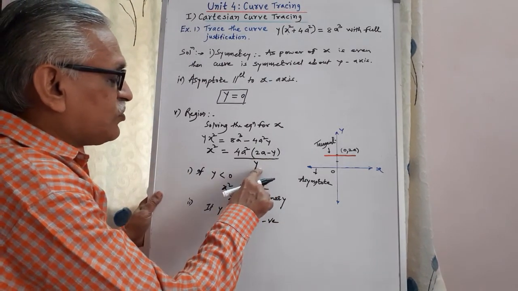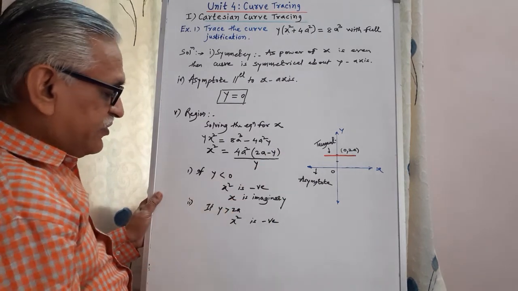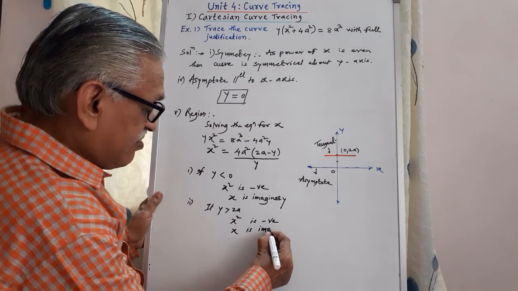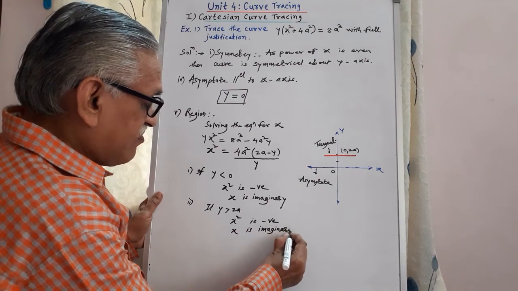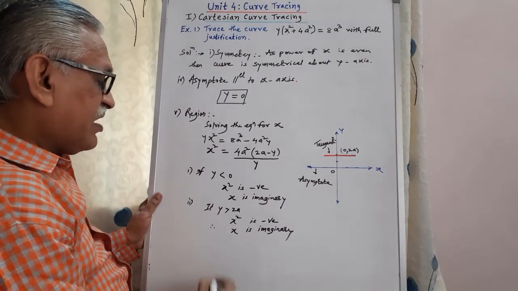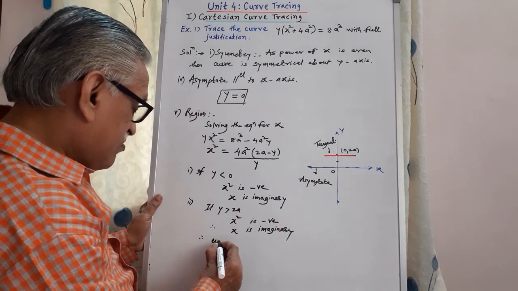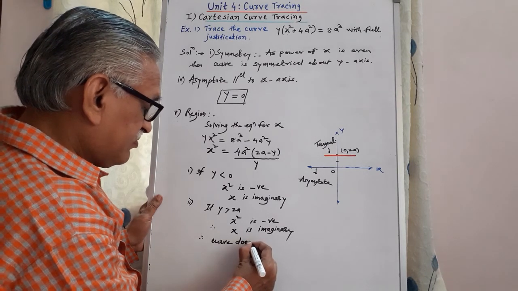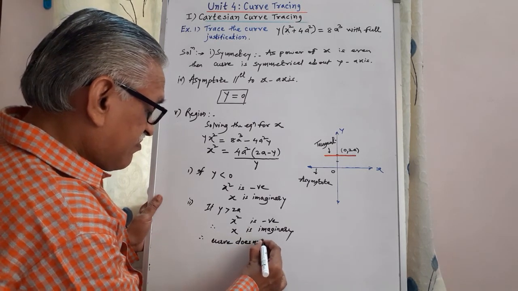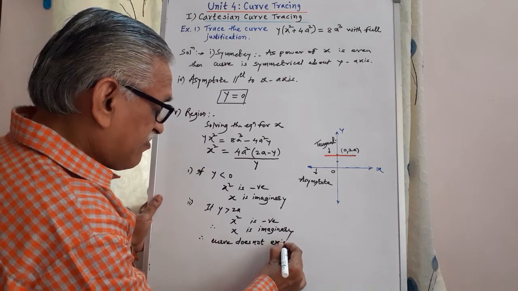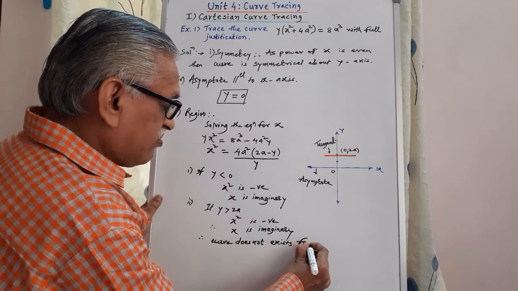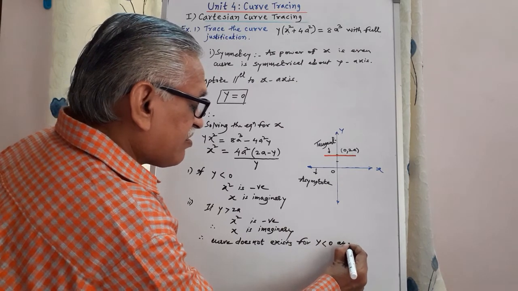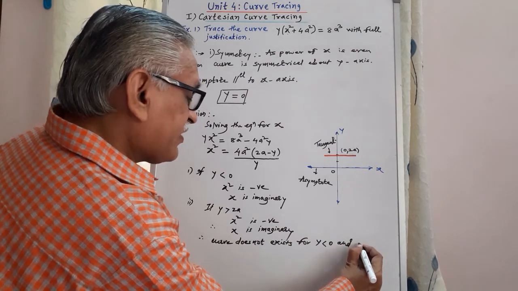This one is negative, this one is positive, the resultant sign is negative, and therefore x is imaginary, and therefore the curve does not exist for these two cases, y less than 0 and y greater than 2a.